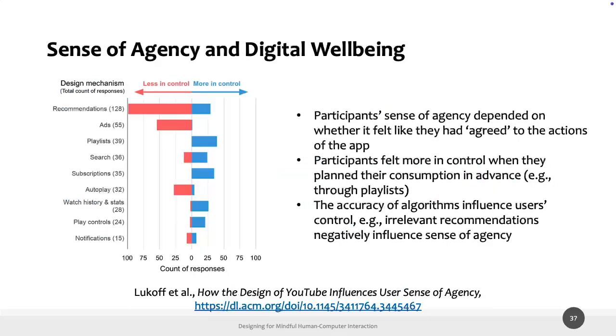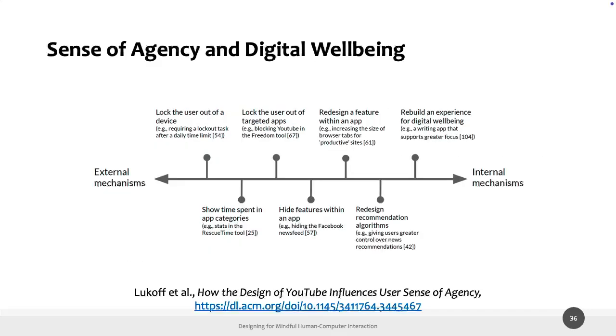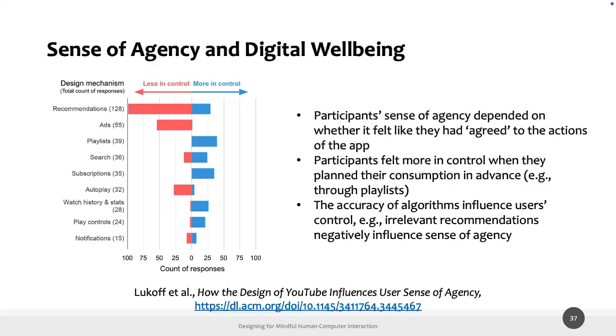And to conclude this lesson, this is an example of an interesting study that explored sense of agency in the context of digital well-being. They conducted some experience sampling and some interviews to understand what design features of YouTube make users experience a low or a high sense of agency.